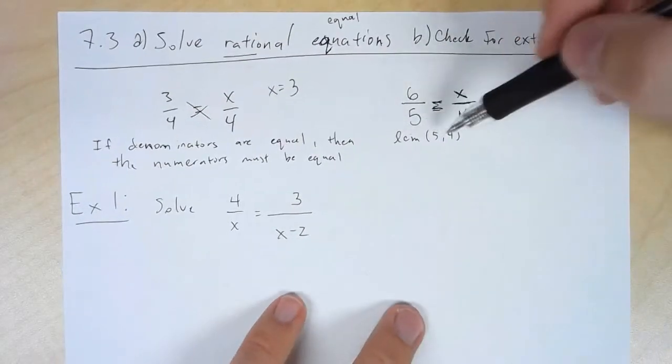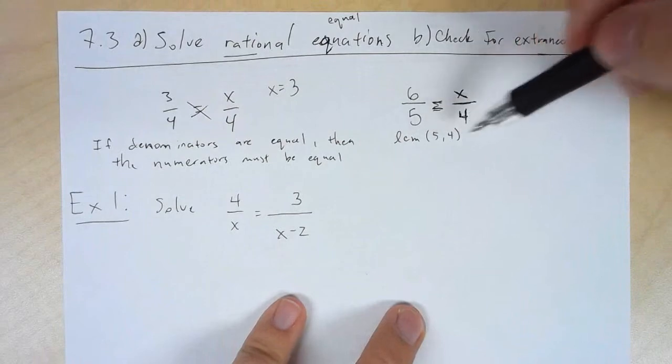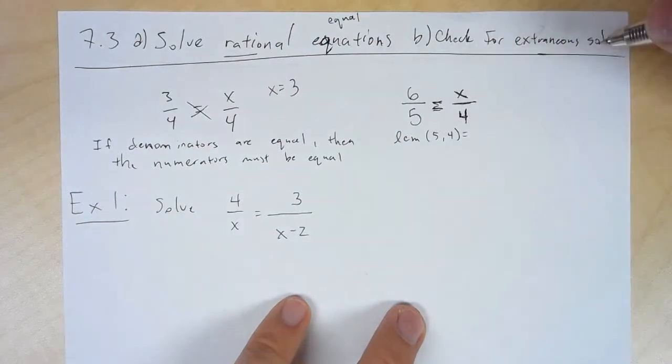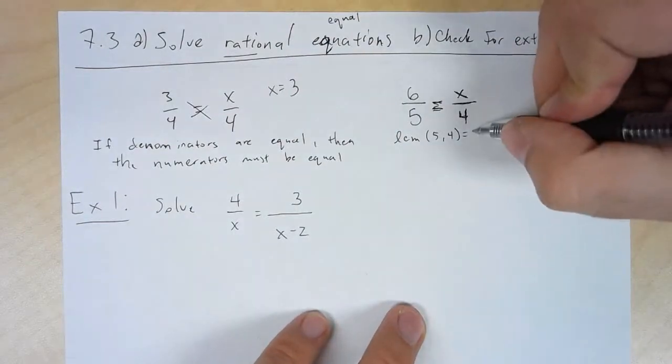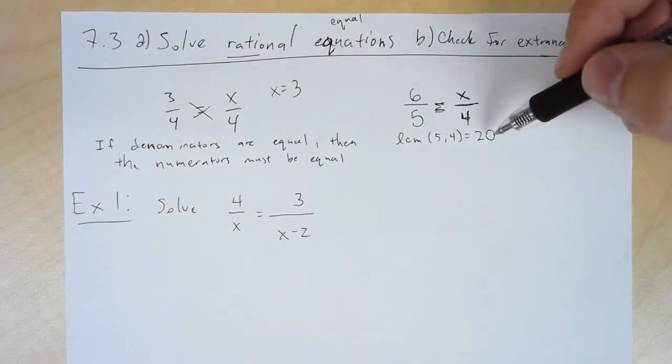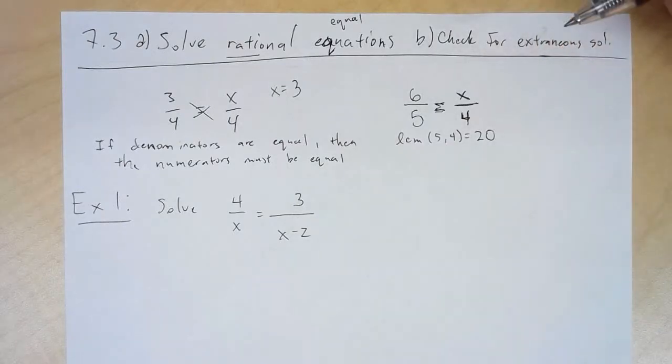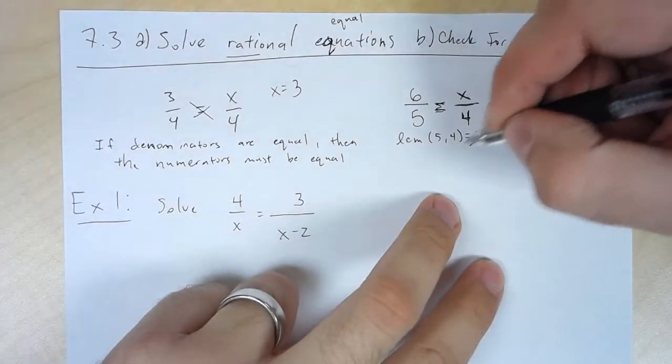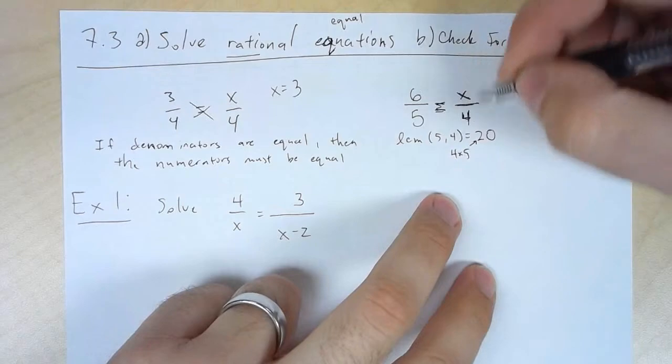So we're looking for the smallest number that both 5 and 4 can multiply to be. I think 20 is the smallest one. If you multiply your two terms, you can always get a common multiple. It's not always the smallest, but you can always do that if you want to. So we can always say, oh, we know that 4 times 5 is 20. It will always work for us.